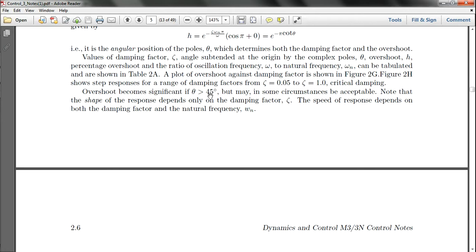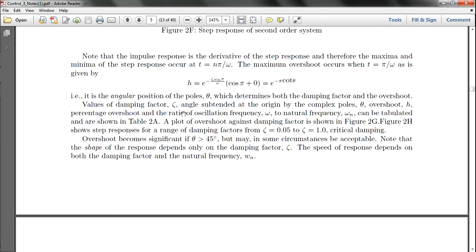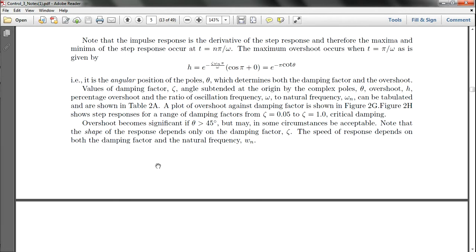If theta is larger than 45 degrees, the overshoot becomes very significant, which you don't want, because you don't want the oscillation to be very big. If the overshoot is very big, you can actually cause sparks to occur, and then it will not be very stable. So you try to keep it within 45 degrees and below.